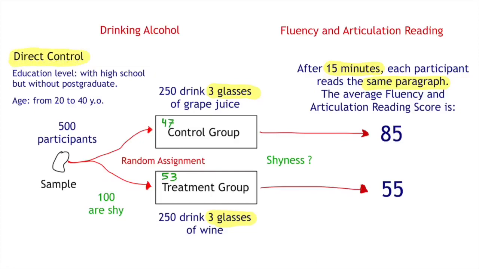That's why we say that random assignment is the crucial technique to get a conclusion about cause and effect. If we applied random assignment here, it is extremely likely that the only variable that was drastically different among these two groups was alcohol. Therefore, alcohol is the only reasonable explanation for this difference.